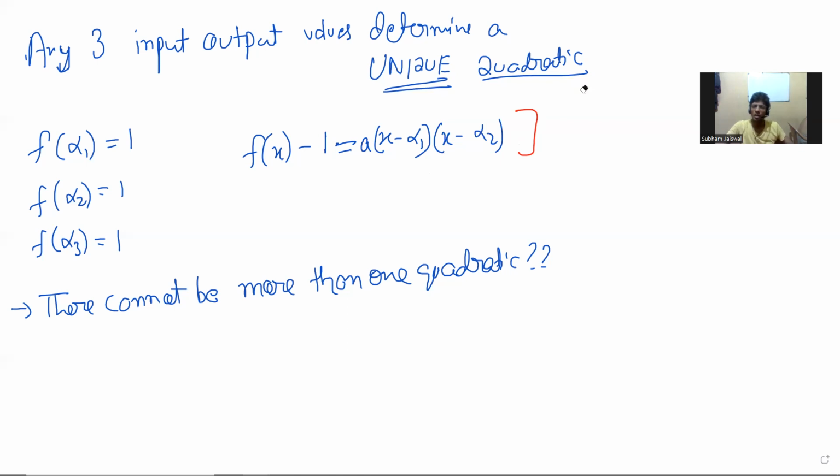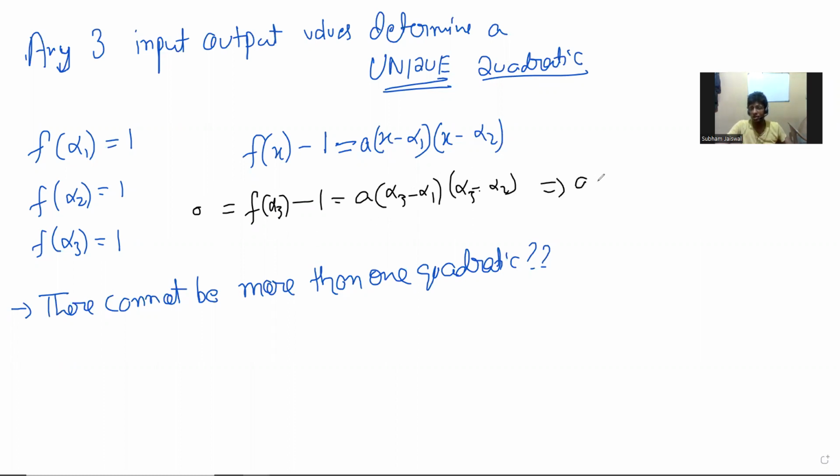So now there's a clear problem, right? How can you have an alpha 3? You cannot accommodate an alpha 3, right? Because if this is 0, then what does it mean? Obviously these three are distinct, otherwise it doesn't make any sense to write alpha 3 here. This is a problem, right? This means that A is equal to 0.